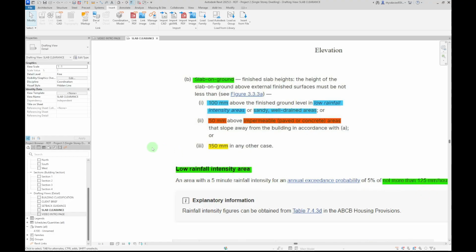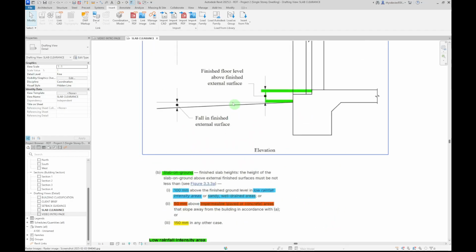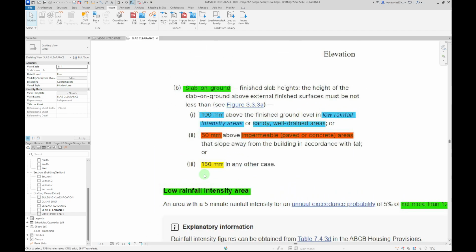What this means is that for this project, the minimum height of our finished floor level above the natural ground level, the finished external surface, is going to be 150 millimeters. That is the number that we need to play with.